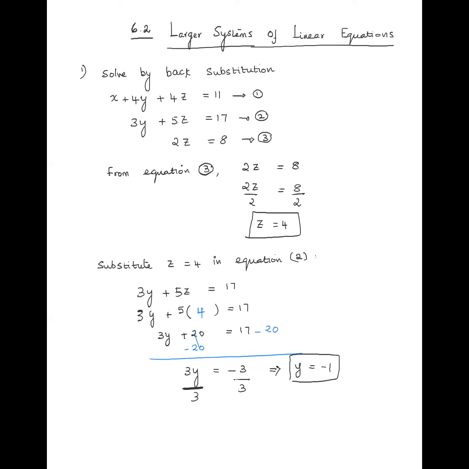Now substitute z and y to get the x. So I'm going to go to the next page. z equals 4 and y equals -1 in equation 1 to get the value of x.